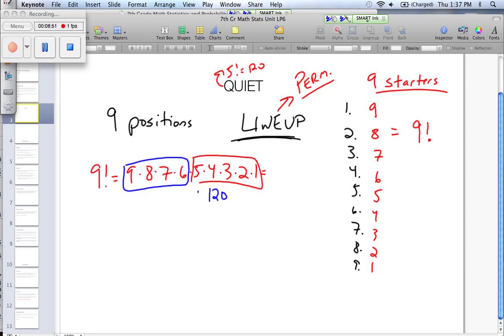I can just multiply those together and get my answer. So 9 times 8 is 72. 72 times 7 is 504. And 504 times 6 is 3,024.